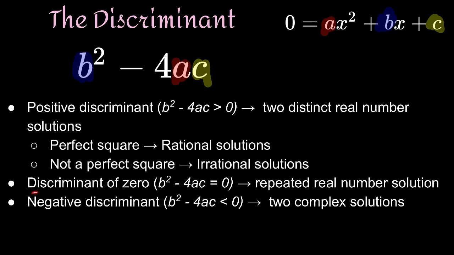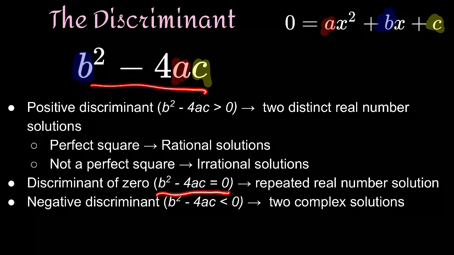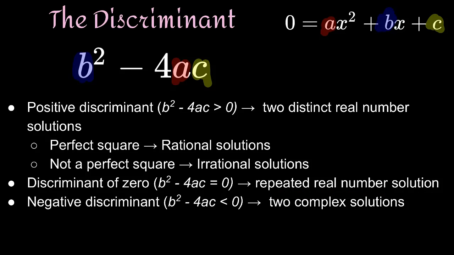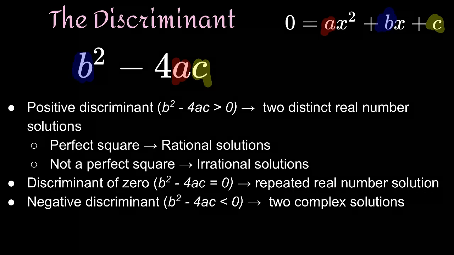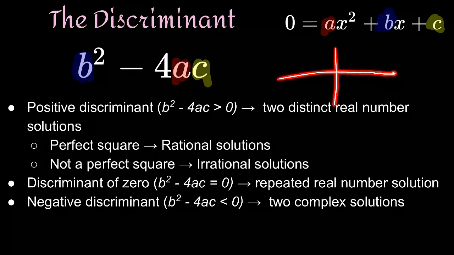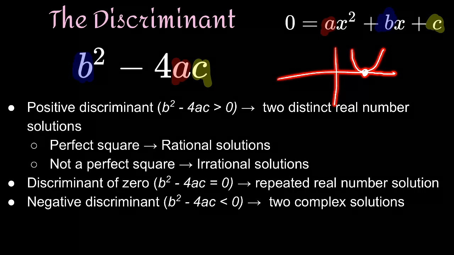If the discriminant is 0, so if the b squared minus 4ac equals 0, then we have a repeated real number solution. And what that means is that we won't have two answers, just one. And if you think about the graph of a situation like that, it means that the parabola will bounce off of the x-axis somewhere.